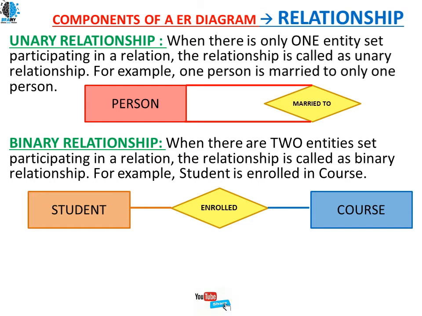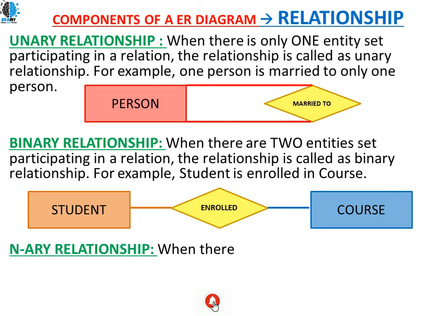So one student will be enrolling for a course. So it means enroll is a relationship which is binary. Two different entities are there in a relationship. So one is student entity, another is course entity.